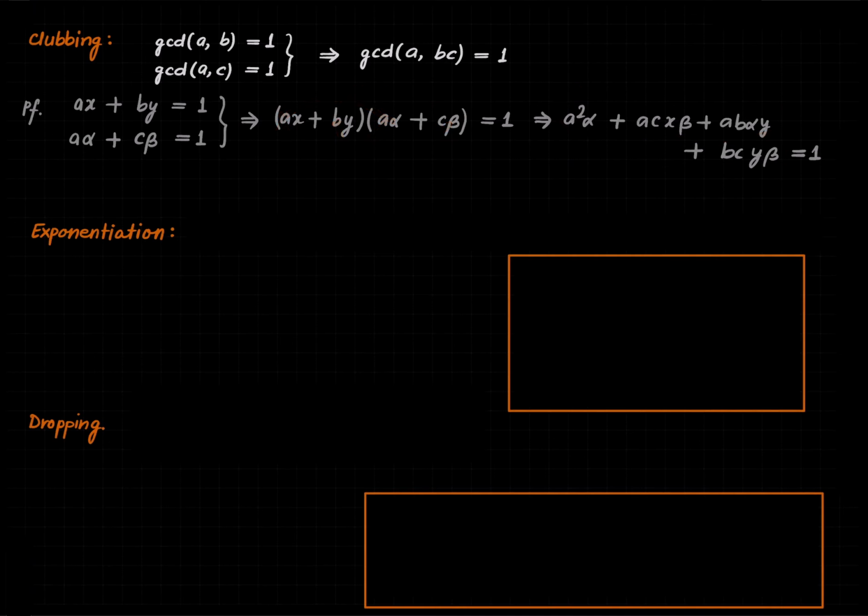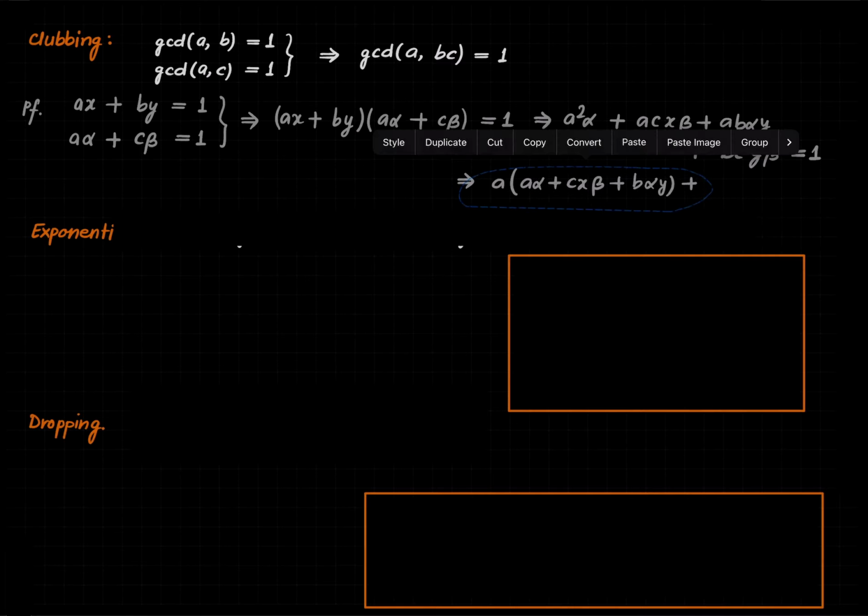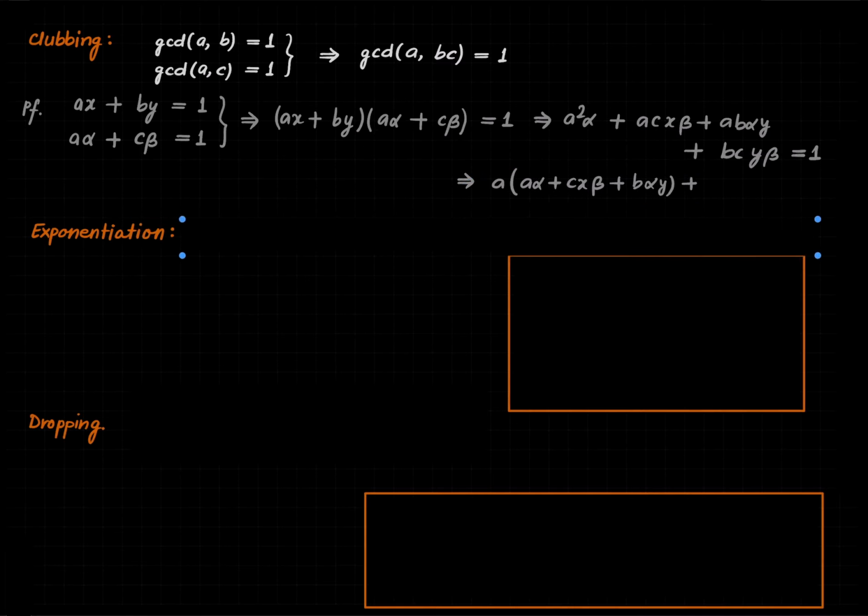The point is that all of these terms are divisible by A, so we can pull it out. This implies A times A alpha plus some garbage, I don't care what is there inside, plus BC y beta is equal to 1, and let me de-highlight the unimportant stuff.